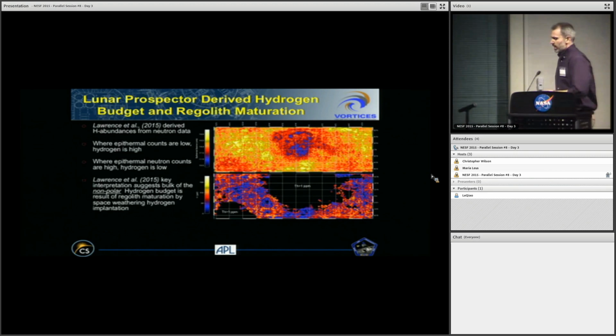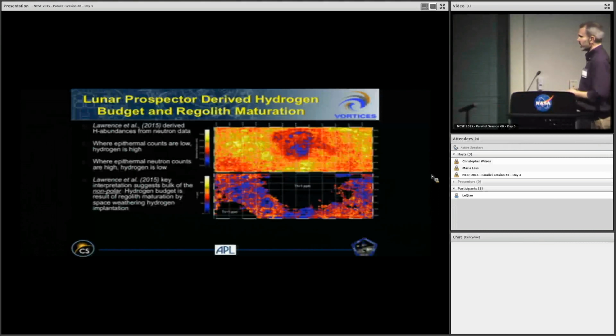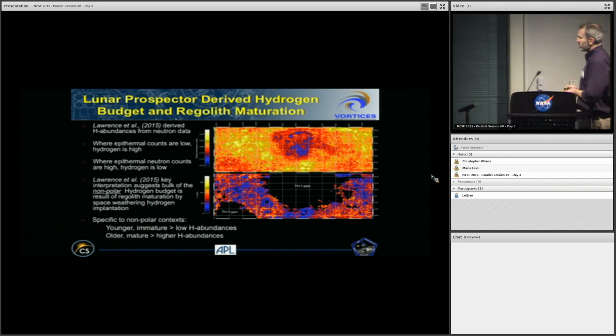So he took these epithermal neutrons and made these hydrogen maps, which you can see here. He made the key interpretation that the bulk non-polar hydrogen is attributed primarily to space weathering, hydrogen implantation. A lot of these higher areas have increased hydrogen abundances, whereas younger, more immature areas will have low hydrogen abundances.